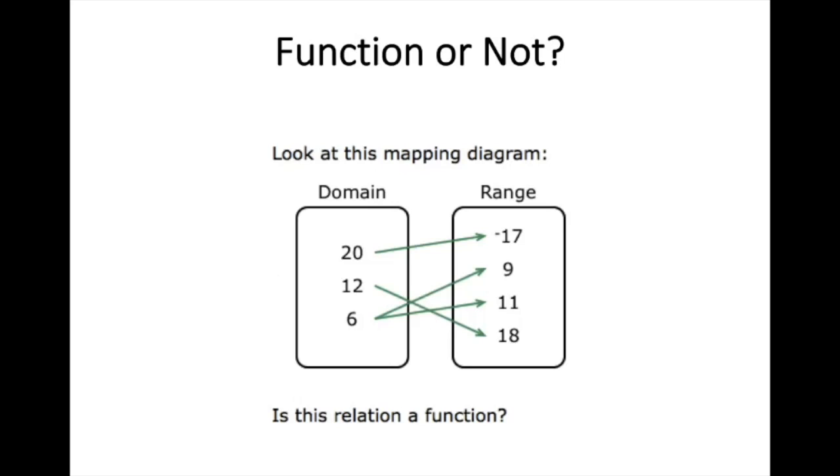Okay, so let's look at another mapping diagram. Label this example 2. I want you to copy this mapping diagram down, and then list the ordered pairs that you see mapped here. So hit pause, copy this down, and then write down the ordered pairs.